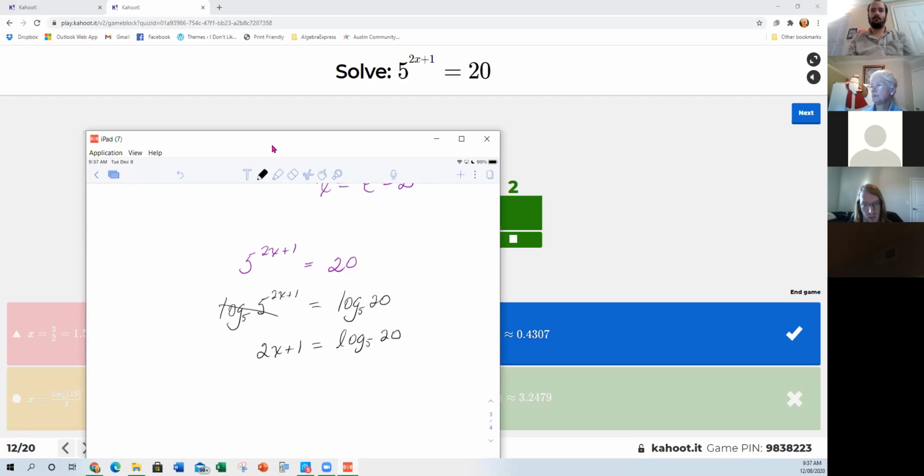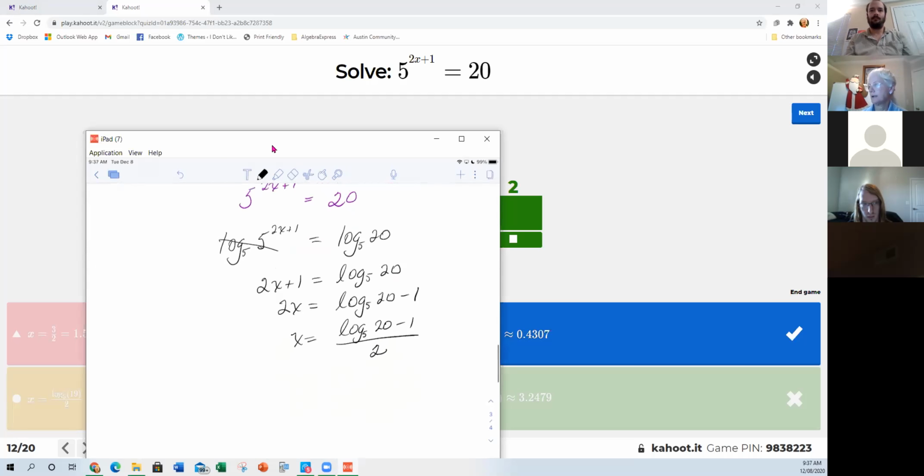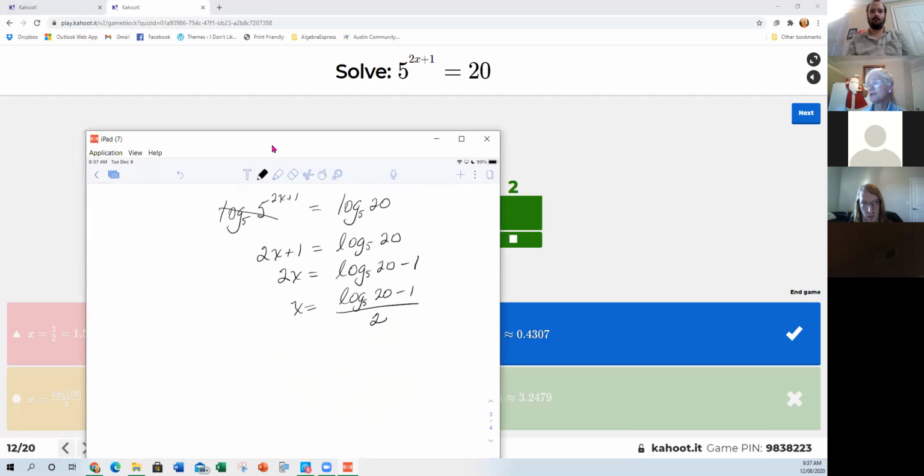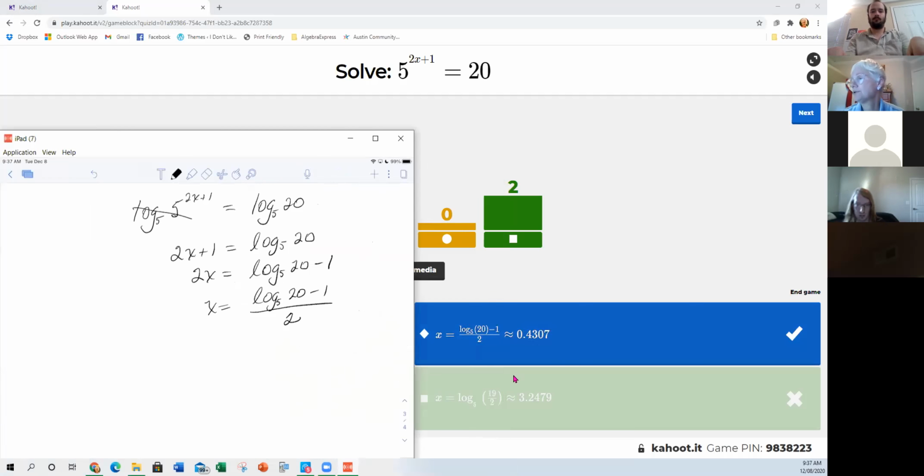And then I would subtract 1 from both sides. And I would divide both sides by 2. And that's the calculator-ready form. Yours actually could have looked different than that, but when you plug it into the calculator, you should get the same thing I get.